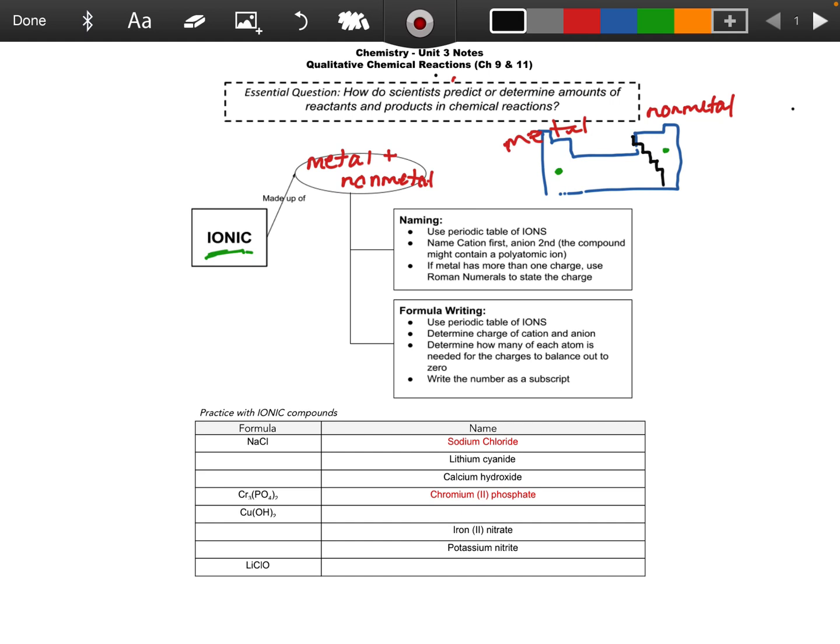One thing that I will note for the names, in general: if the name ends in "ide," generally that means it's a regular element from the periodic table.